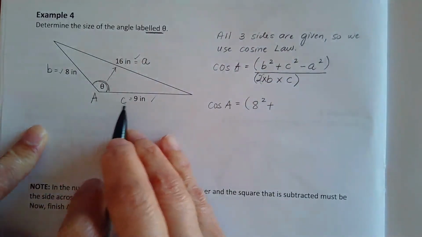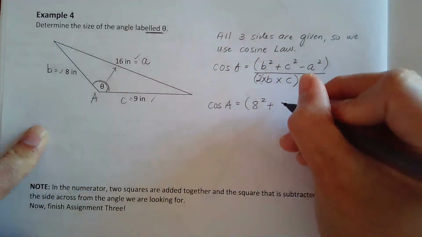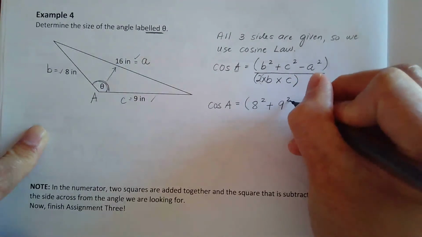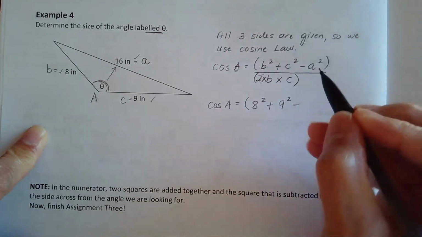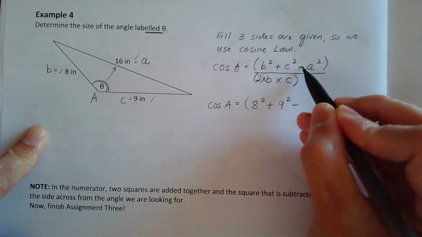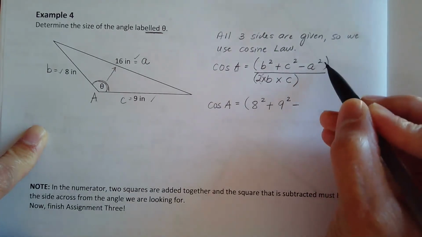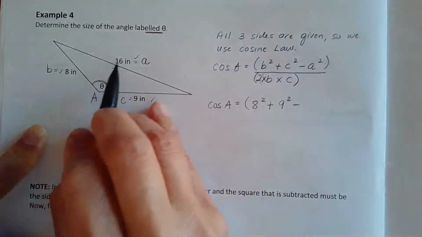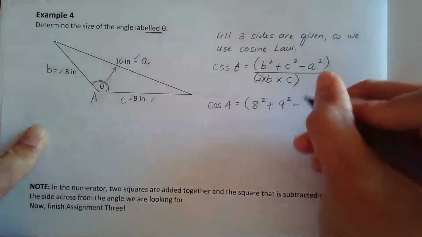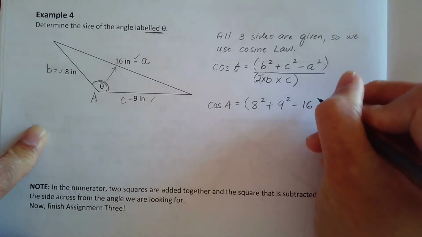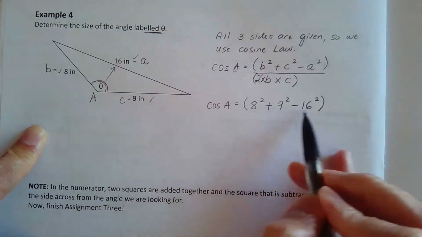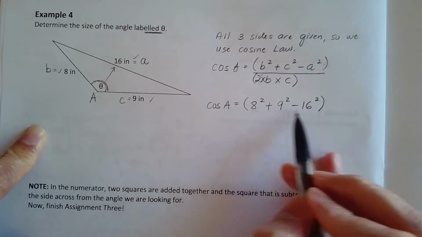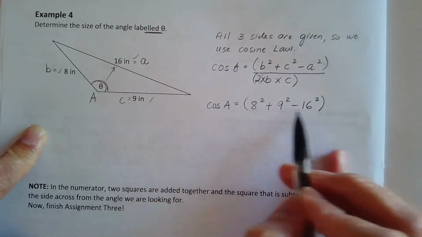That's my c. It's 9, so 9 squared minus a squared. It's 16. All of that is part of the numerator of our fraction.